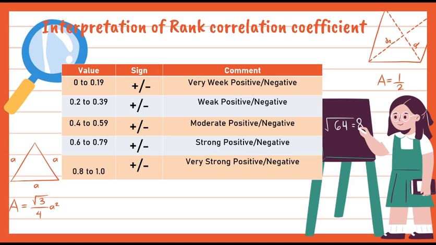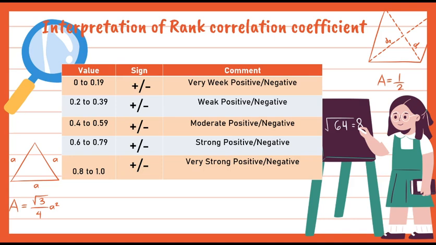to minus 0.2, then there is a weak negative relationship between variables. Similarly, 0.4 to 0.59 indicates a moderate positive relationship. If it is between minus 0.59 and minus 0.4, then there is a moderate negative relationship between the variables. If the rank correlation coefficient is between plus 0.6 and plus 0.79, then it's a strong positive relationship.